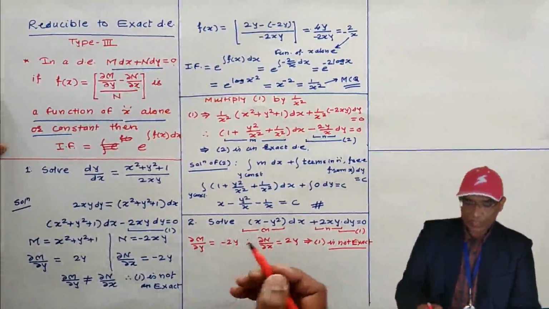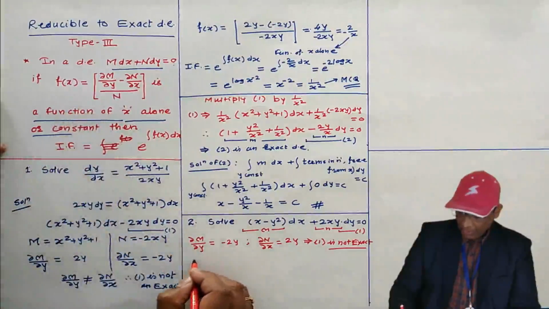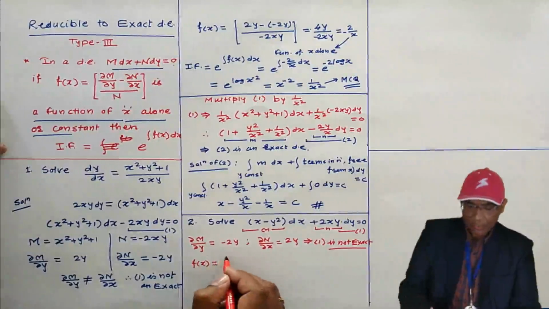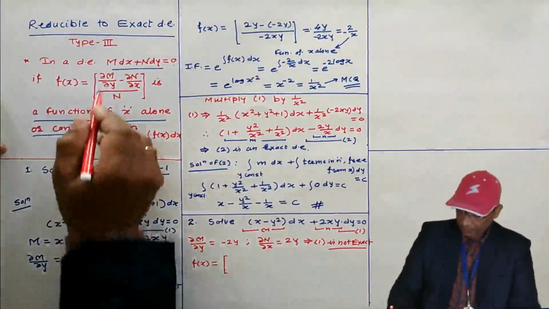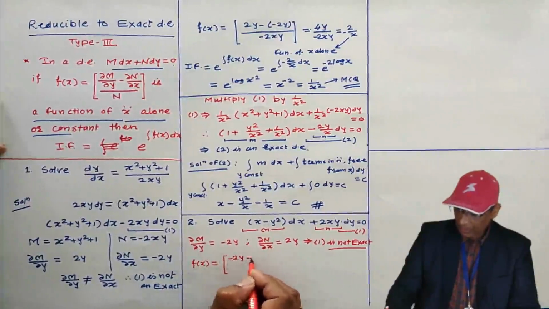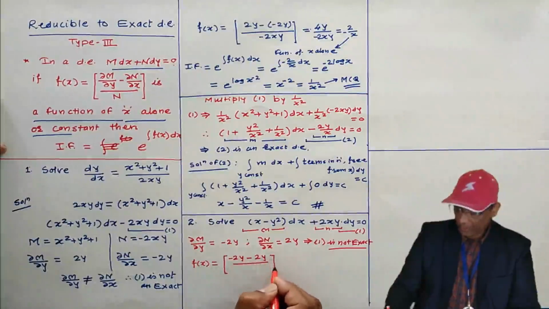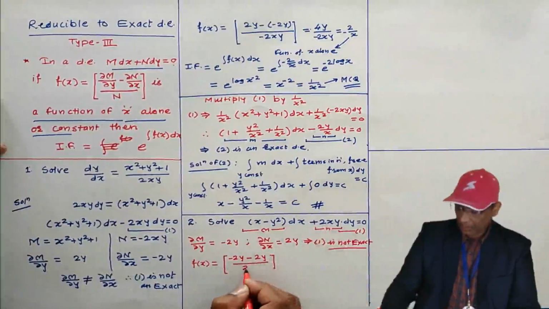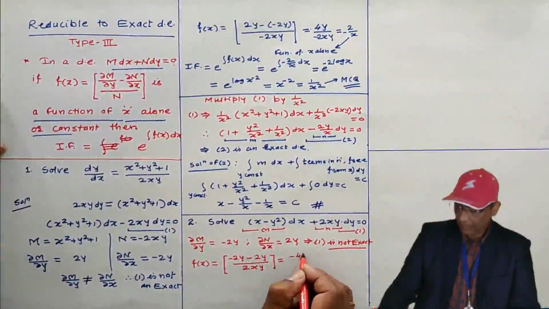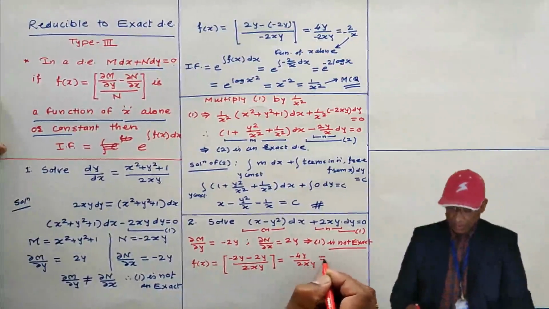Now we are going to check whether f(x) is a function of x alone or not. The f(x) is what? Del m by del y minus del n by del x, divided by 2xy, and now it is minus 4y by 2xy, and the same situation is there.